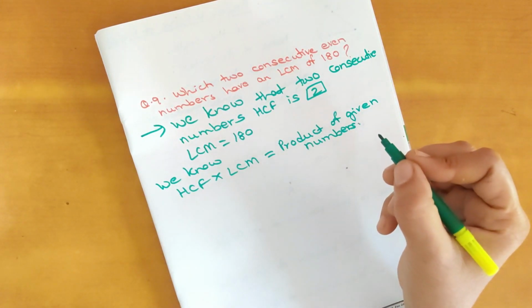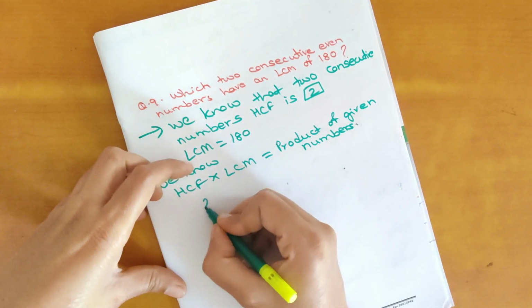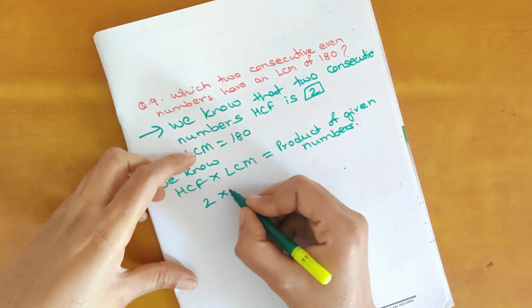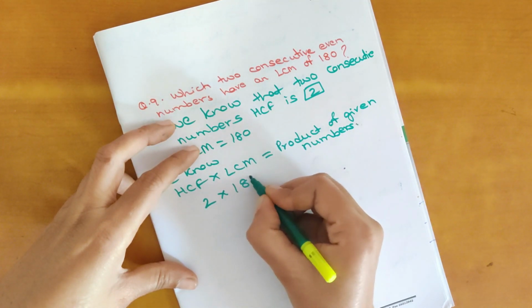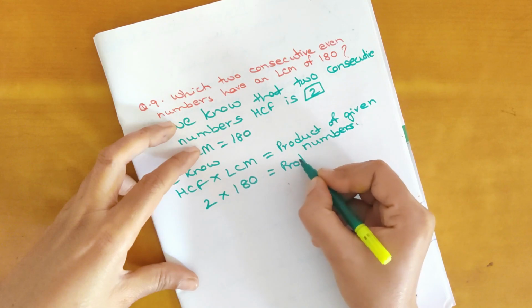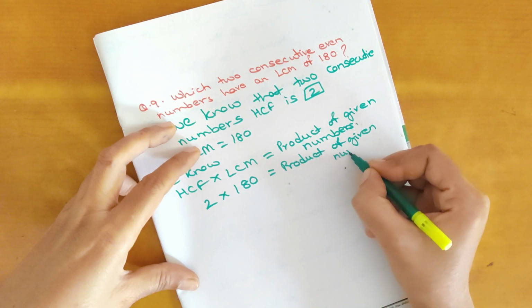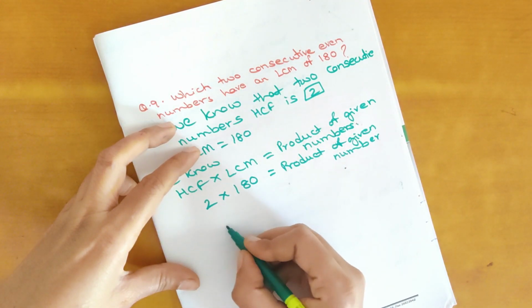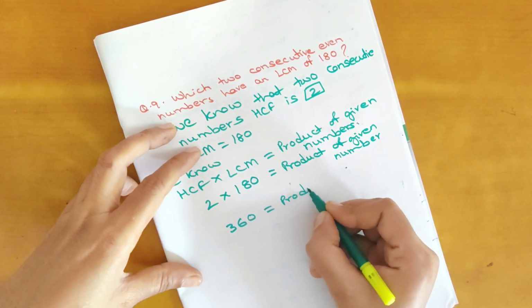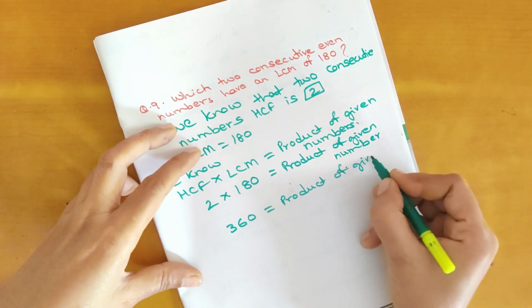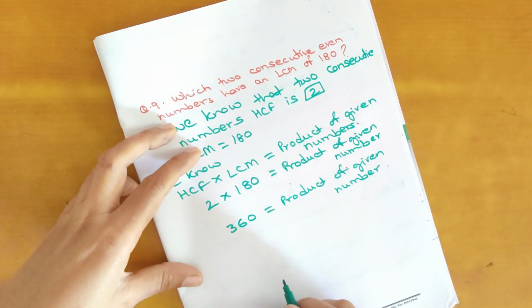Here we got HCF 2 and LCM is given as 180, and we will find out the product of the given numbers. So 2 into 180 we will get 360. 360 is the product of the given numbers. So we have to find which two numbers have the product 360.